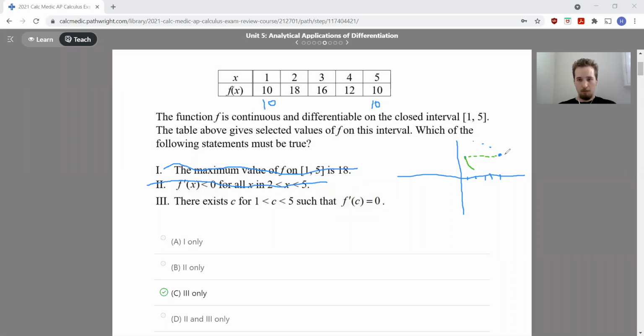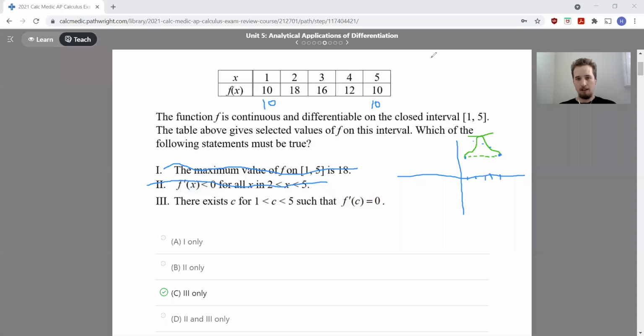Well, in order to get back up to this point, it will eventually have to have a slope of 0 to get back to this point, right? It doesn't matter what the function does. Increases, decreases, it will eventually have to correct itself to come back down. And so the slope would be 0 here.